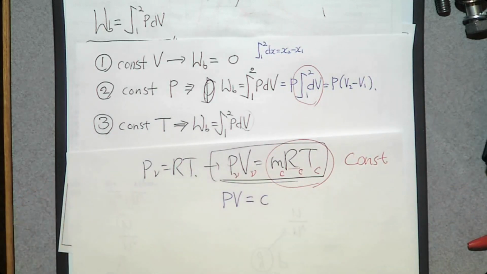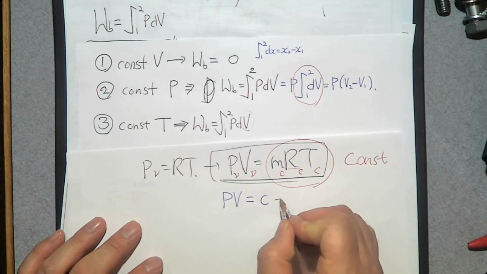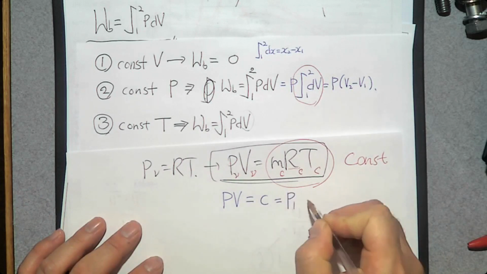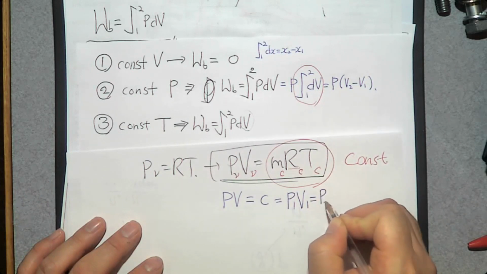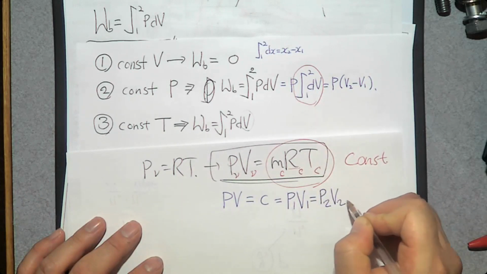What does it mean? Whenever you have a gas at the same temperature, if you change pressure and volume, you can have various pressures and volumes, but if you calculate pressure times volume, it should always be the same number. So initial pressure times initial volume should be the same as final pressure times final volume.